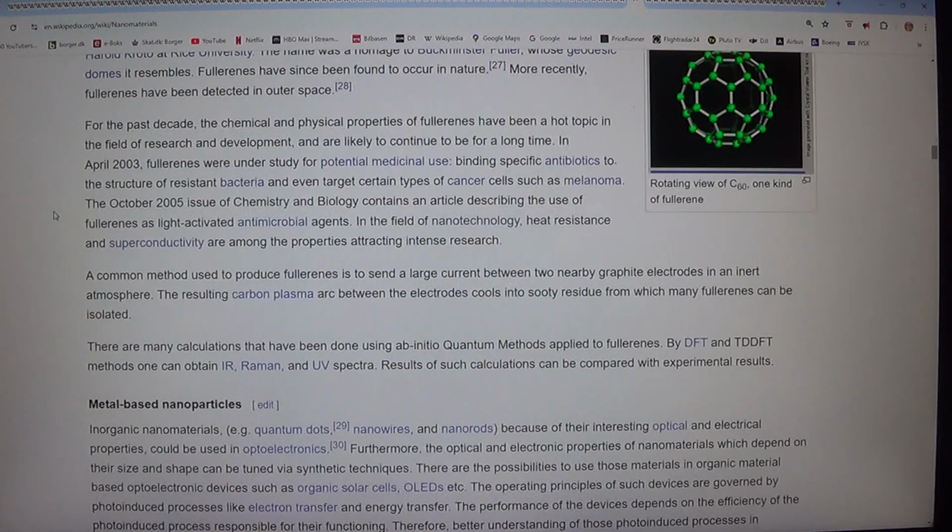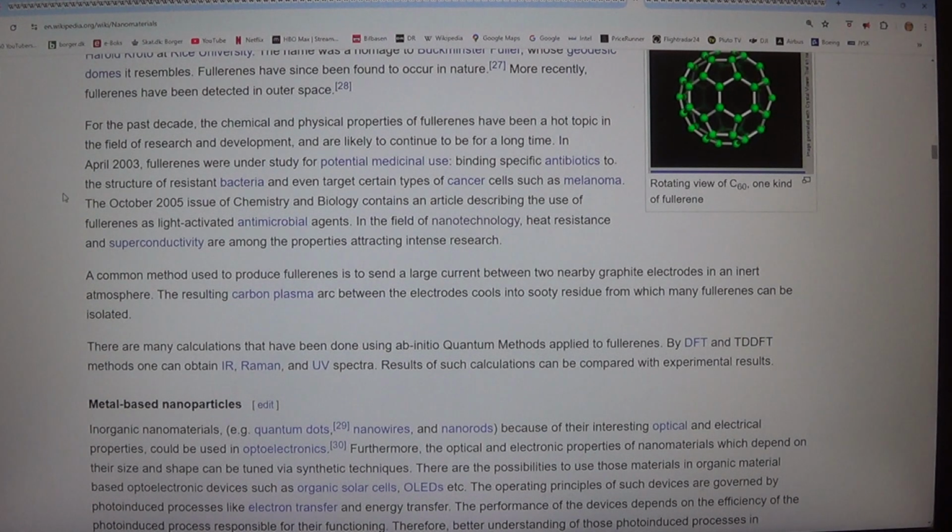For the past decade, the chemical and physical properties of fullerenes have been a hot topic in the field of research and development, and are likely to continue to be for a long time. In April 2003, fullerenes were under study for potential medicinal use, binding specific antibiotics to the structure of resistant bacteria and even targeting certain types of cancer cells such as melanoma.